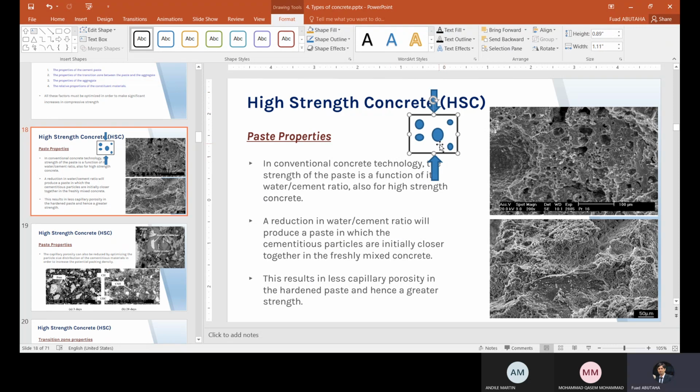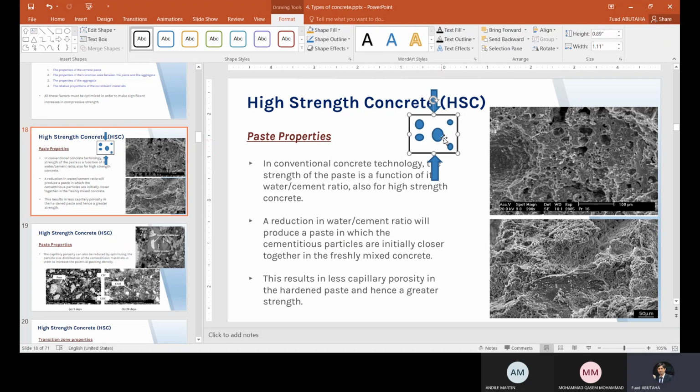The load is applied on the concrete in general, and the crack will go through the weakest part, and the failure of any part will result in the failure of the whole concrete. For example, we cannot use very strong aggregate and at the same time use weak paste.